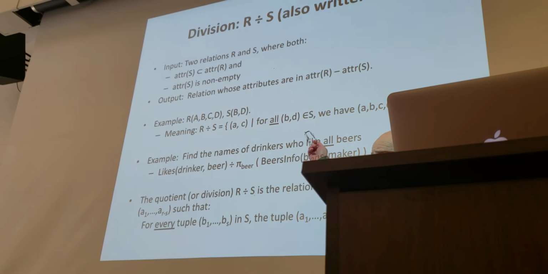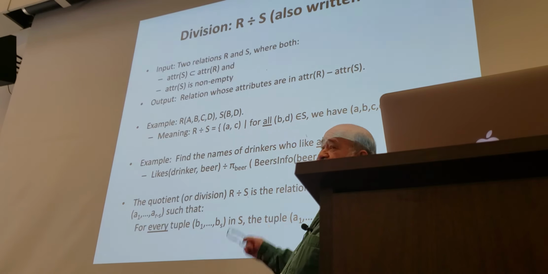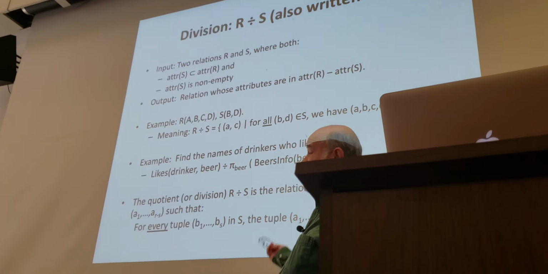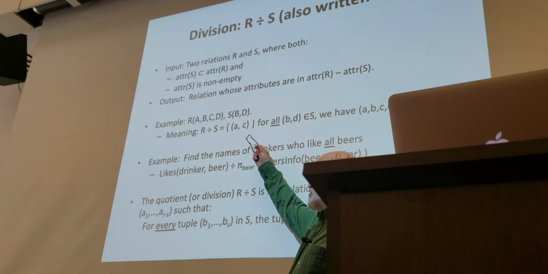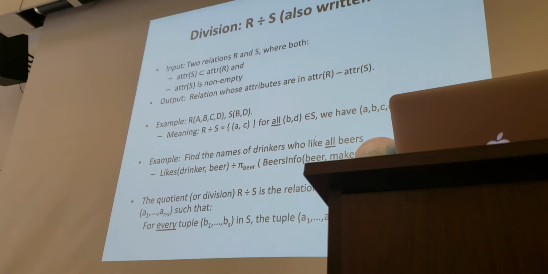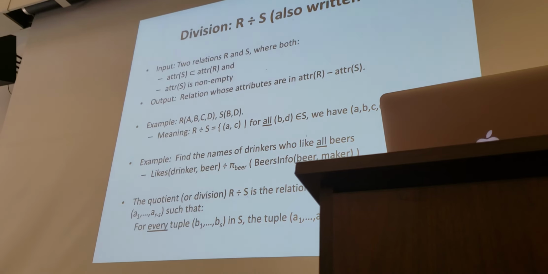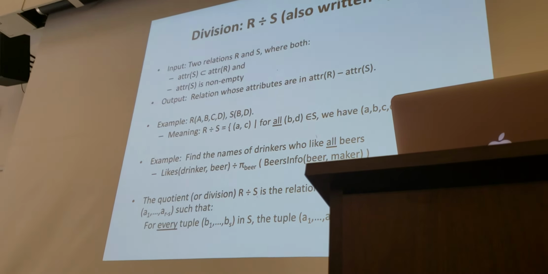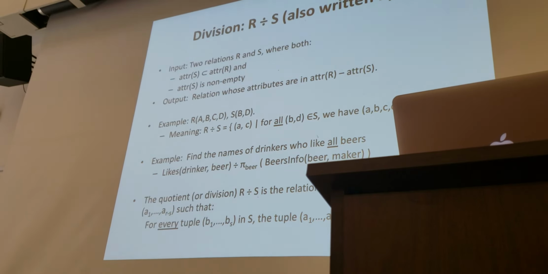So here's a definition by example, and we'll look at some other cases on the next slide. But suppose that we have R(A, B, C, D), and S(B, D). So the attributes of S are a proper subset of the attributes of R. And so what we're going to do then is keep the other attributes, the ones that don't appear inside S. So I'm going to have the values of AC such that for every single B and D that's in S, the tuples in S are BD tuples, right?